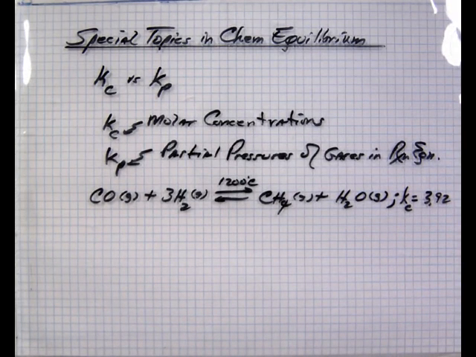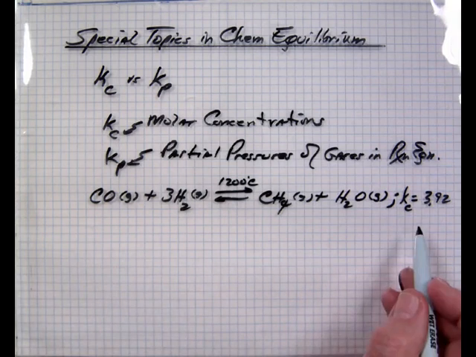Not a real big number, probably a little more products concentration than there are reactant concentrations, but nevertheless it's a value that you can use for whatever reason you're doing this. Okay? My job is to teach you how to get it, and then if you need it, use it.